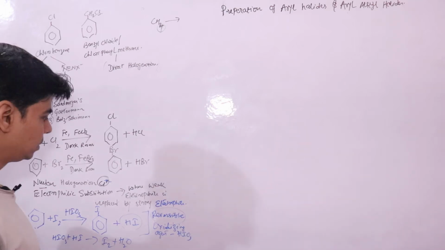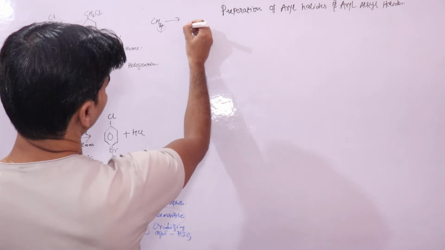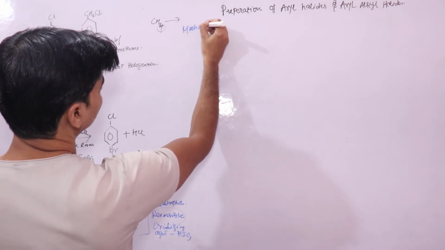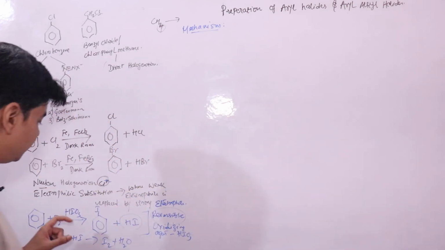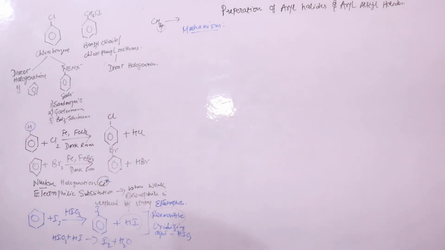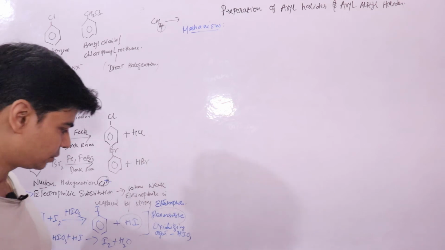Now let's look into the mechanism of this reaction. First, like I said, this is an electrophilic substitution reaction where a weak electrophile is replaced by a strong electrophile, right?